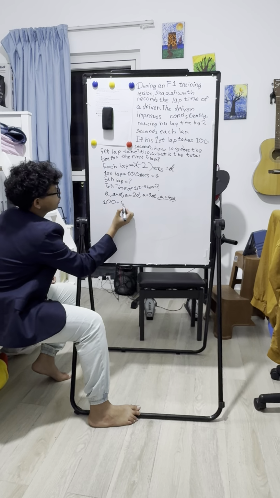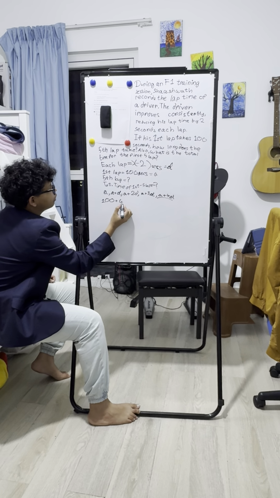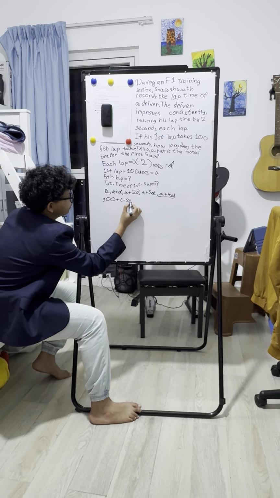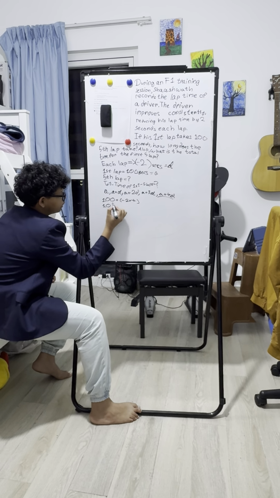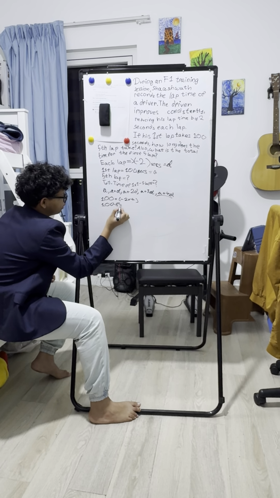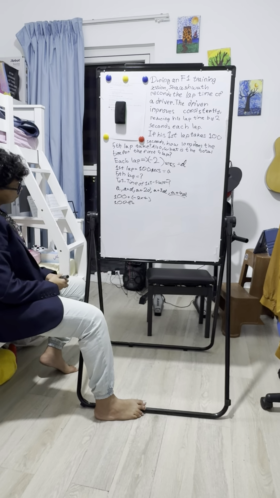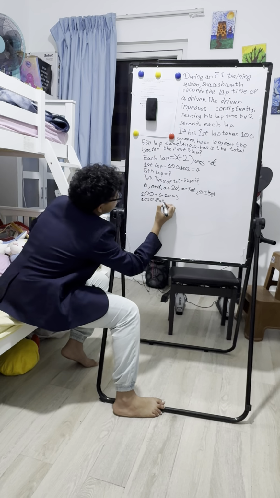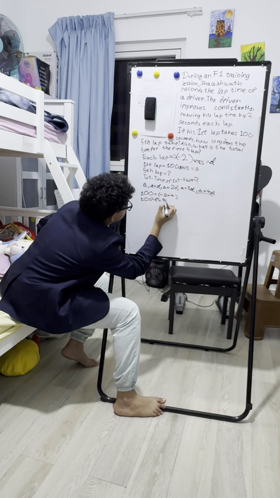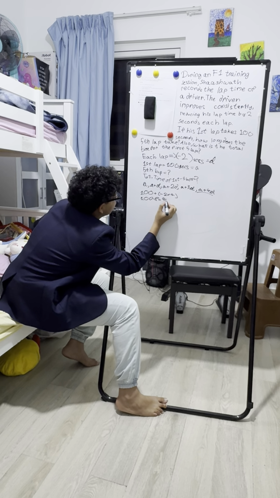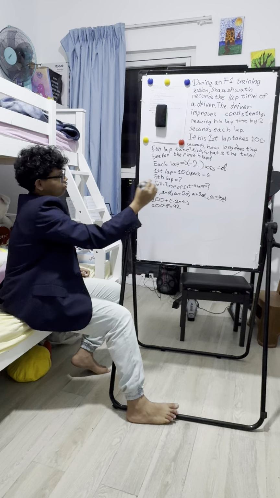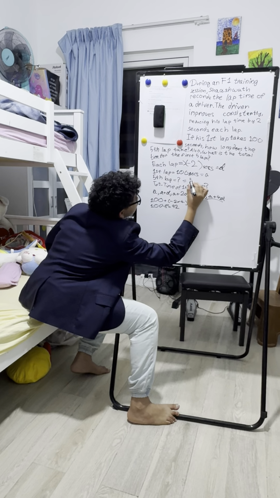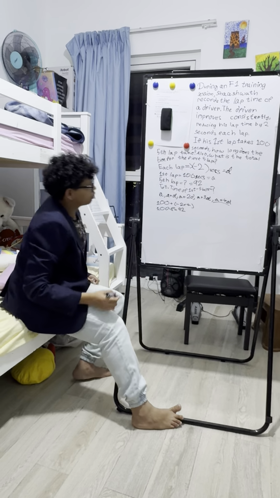So 100 plus minus 2 into 4, which gives us 100 minus 8, being equal to 92 seconds for the 5th lap.